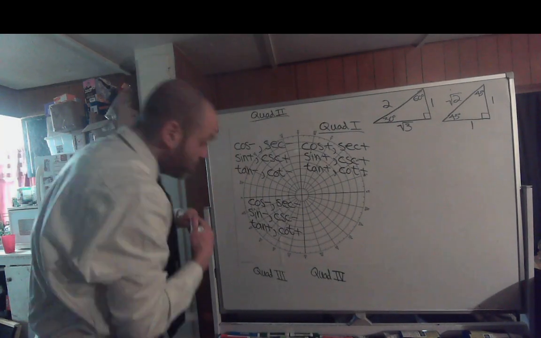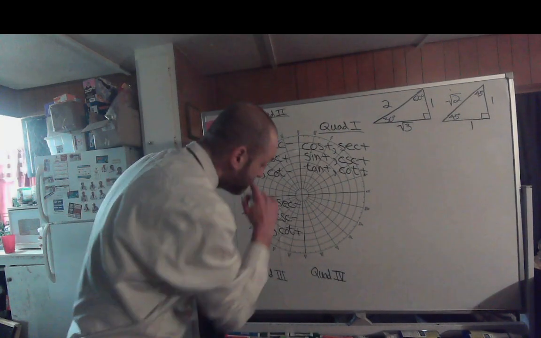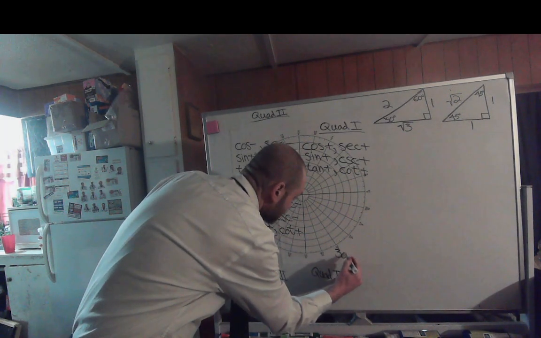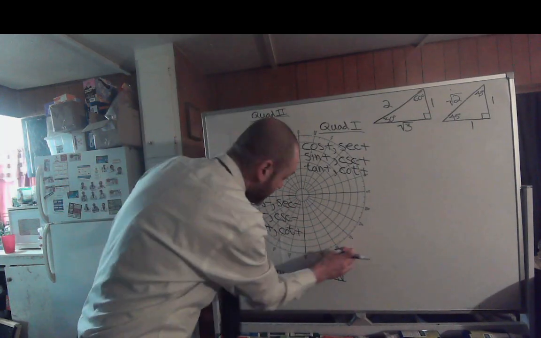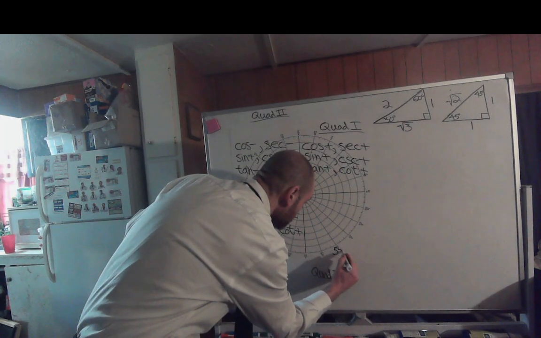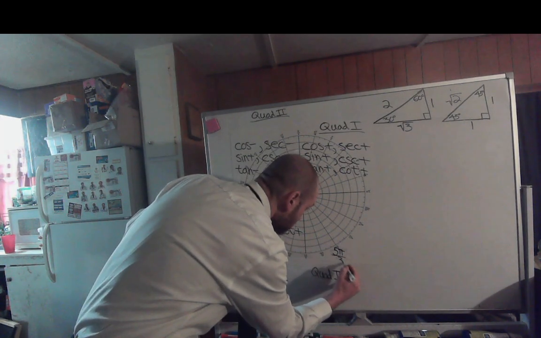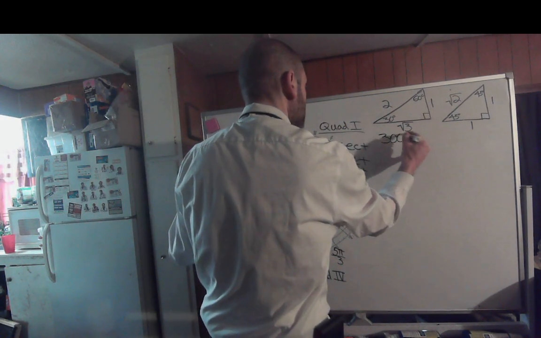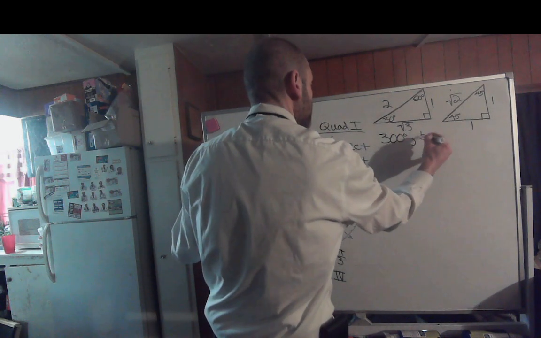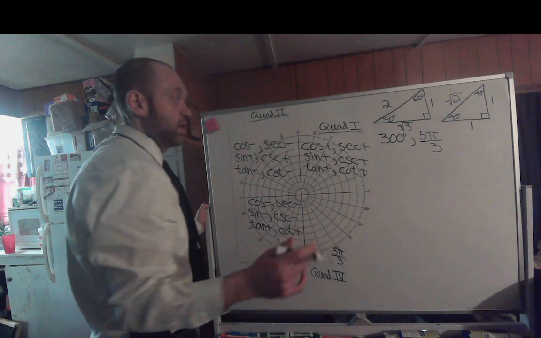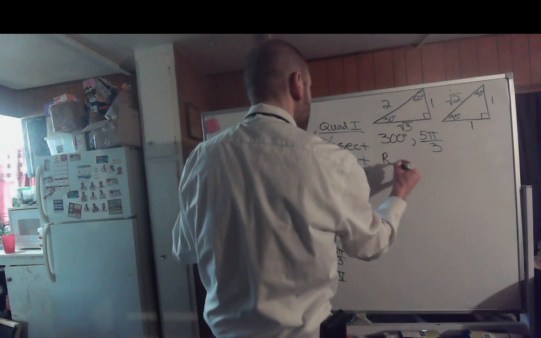And why don't we do the 300 degrees, which would be 5 pi over 3. So we're going to do 300 degrees, which is the same as 5 pi over 3. So we're now in the fourth quadrant. Let's find the reference angle.